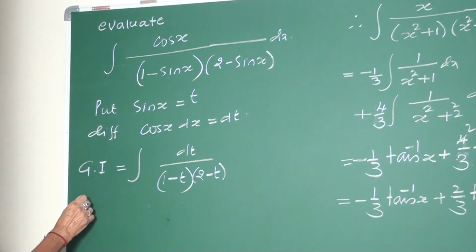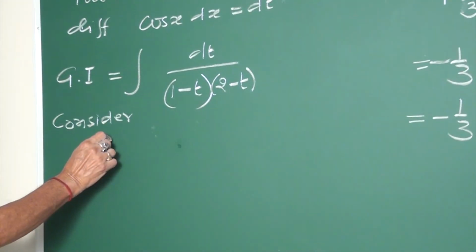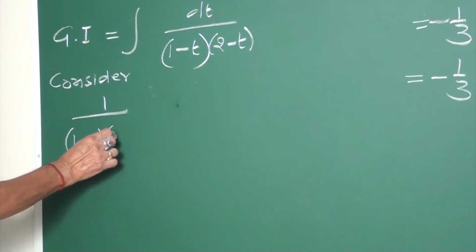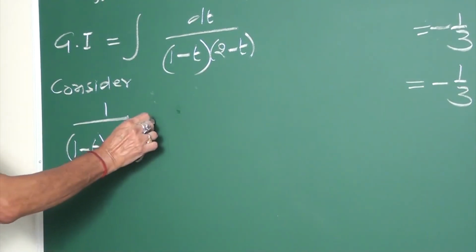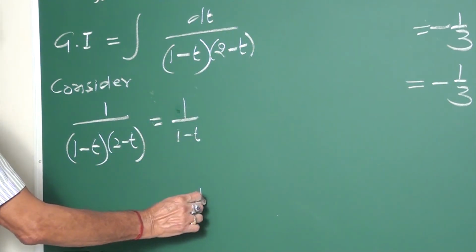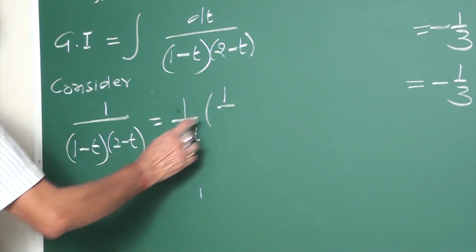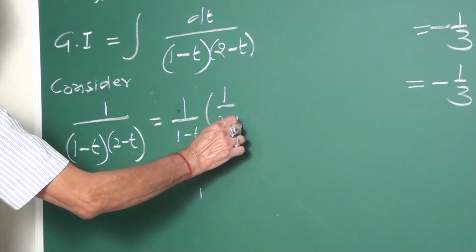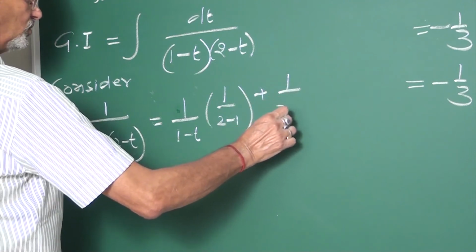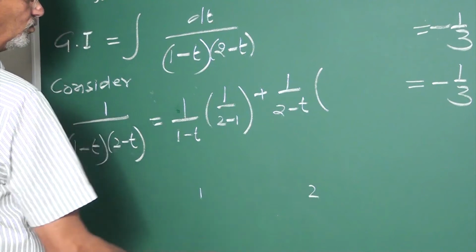Consider 1 upon (1 minus t) into (2 minus t) equal to: for the first factor, what is the value of t? 1. In the remaining, it is 1 upon (2 minus 1). Second factor plus 1 upon (2 minus t). What makes it 0? t equals 2.